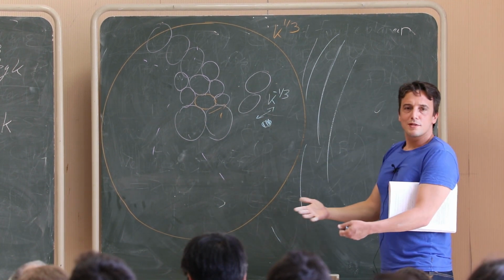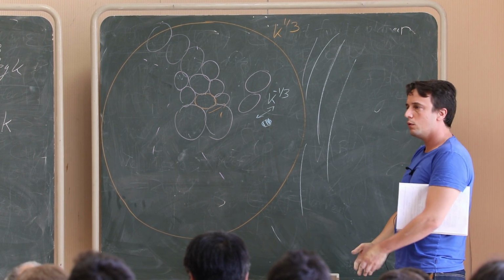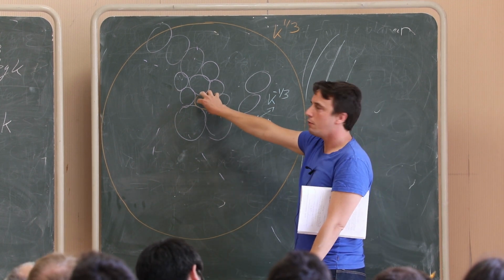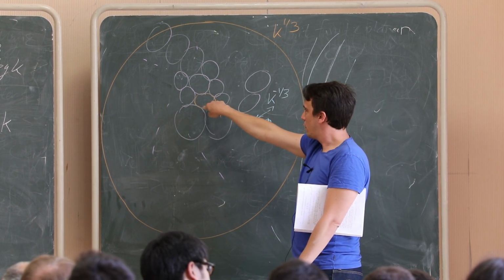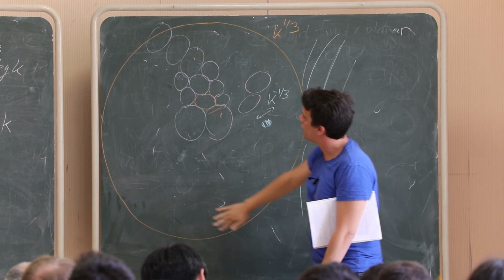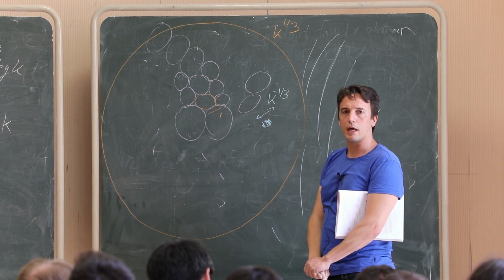But the honest truth is that we also don't care about this. So now all we have to argue, let's do that with a hand wave, is that the resistance from the middle orange circle to whatever is drawn in blue, so outside of the big orange circle, but also inside here, is at least logarithmic in k.